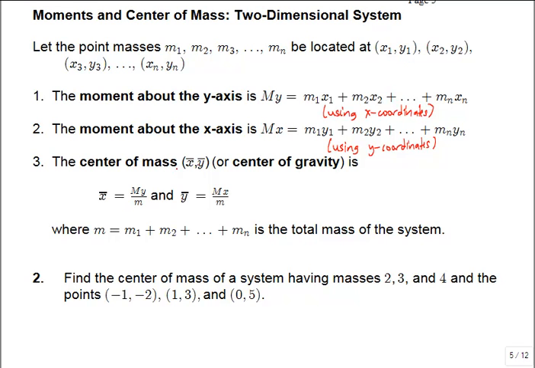So the center of mass of the system, or the center of gravity, is called x bar comma y bar, and x bar is going to be the moment about the y-axis, so that's the one using all these x's here, divided by the total mass, and y bar is going to be the moment about the x-axis, which is the one that uses all these y coordinates, over the total mass.